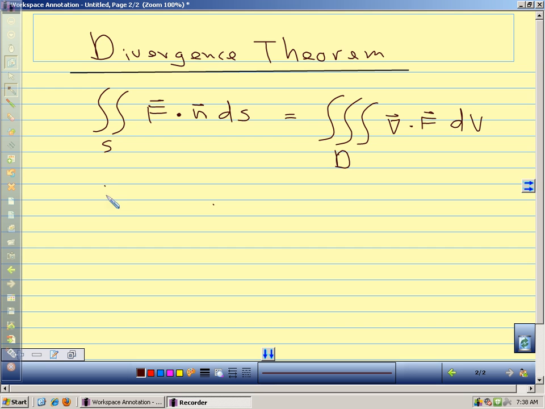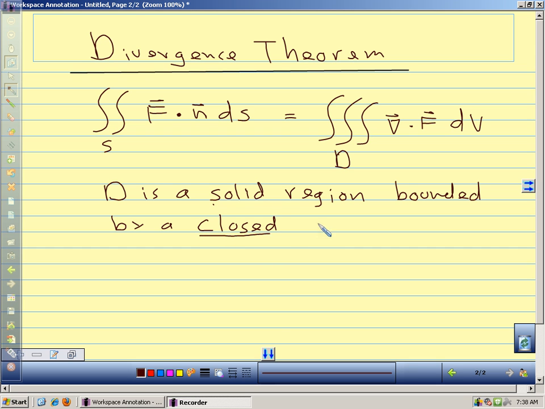And D is a solid region bounded by a closed surface, and n is the outward unit normal vector.